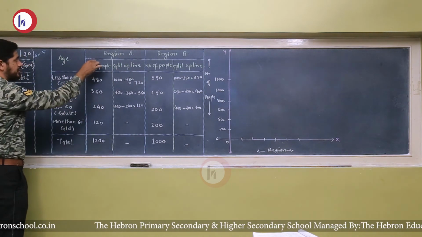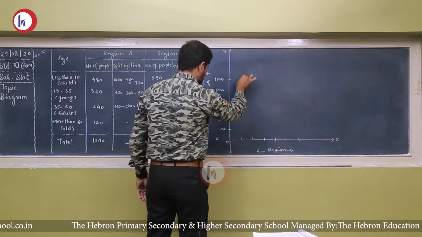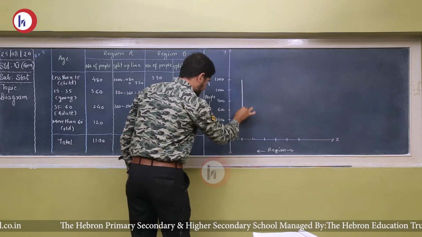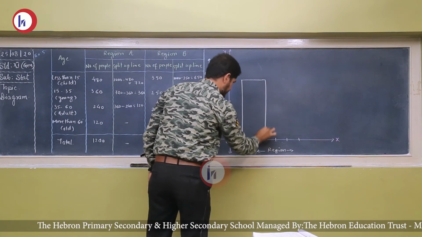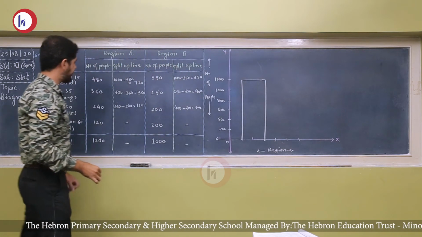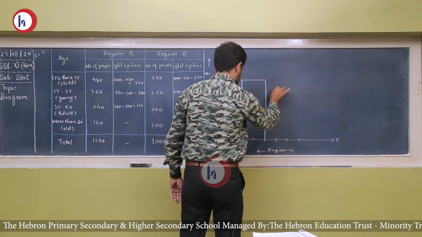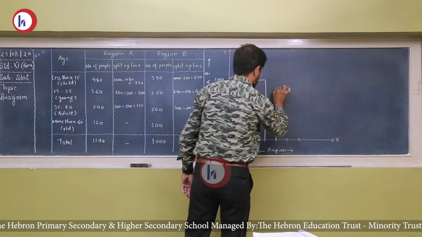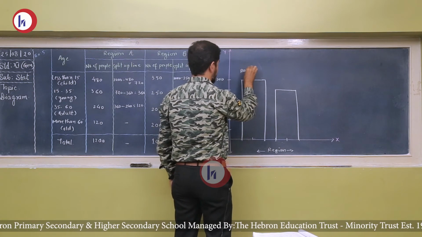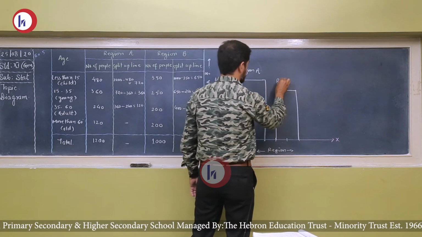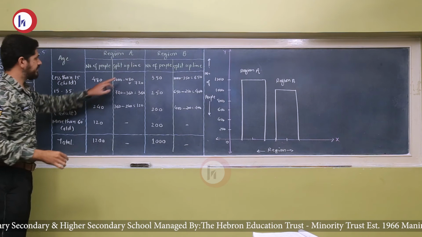Now friends, the total number of people is 1200 in region A and 1000 in region B. So this is region A and region B. Now let's use the split up numbers.